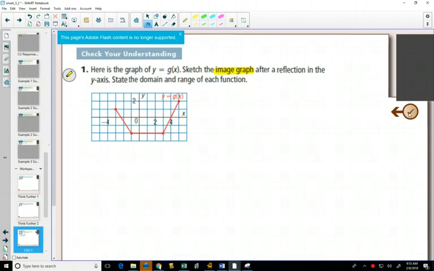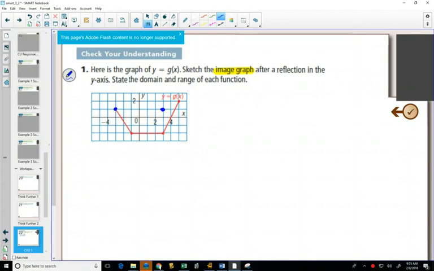So reflection in the y-axis is going to be a horizontal reflection, because we're going to take this value here, which is at (-3, 1). If I flip it over the y-axis, it's going to go over here to (3, 1).